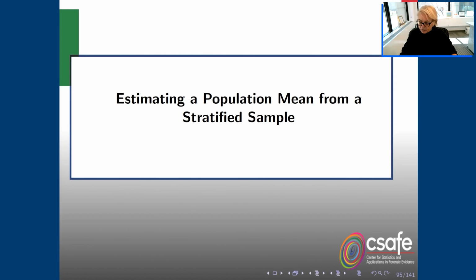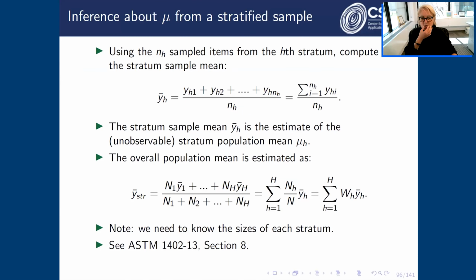All right, suppose that we have a stratified sample. Remember a stratified sample? This was when you took the population and you had a heterogeneous population with different subgroups. Each group is what we call a stratum. And what you want is to make sure that all of those groups are represented in your sample.